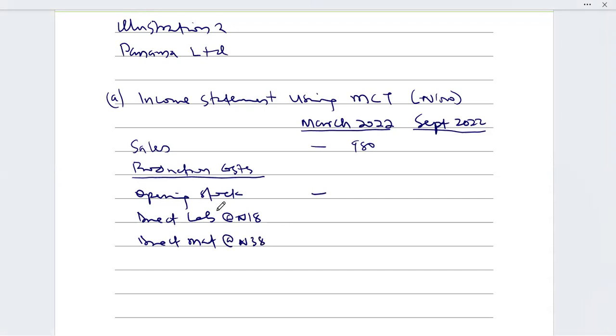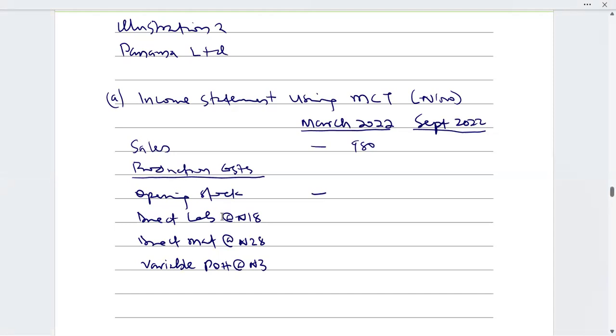What other variable costs do we have? We also have variable production overhead, which is 3 naira. Sorry, direct material is not 38. Let me confirm again. Direct material is 28. Thank you. You would have made a mistake and come back looking for a balancing figure.